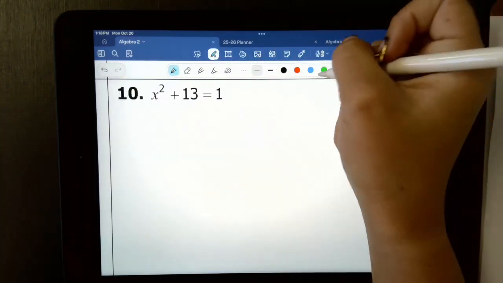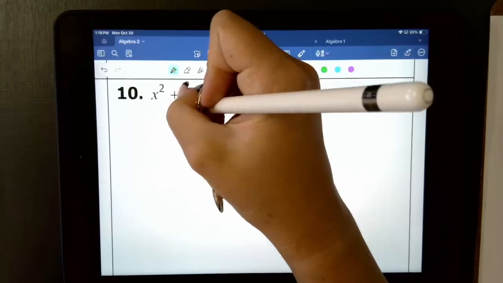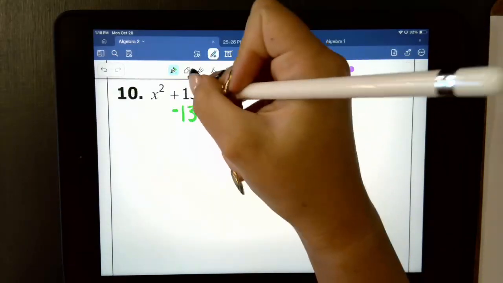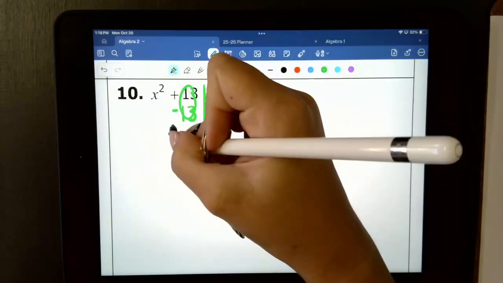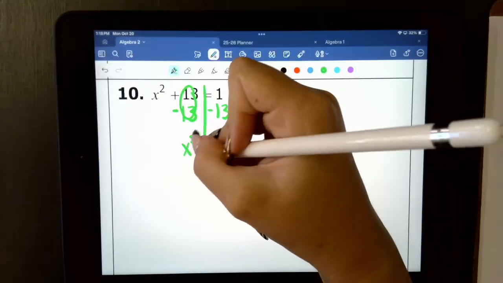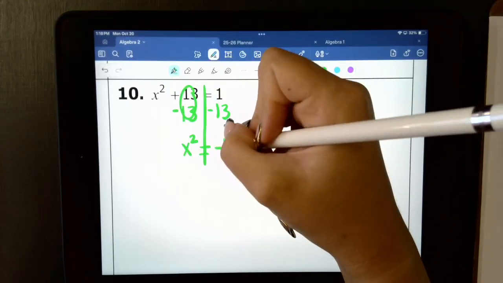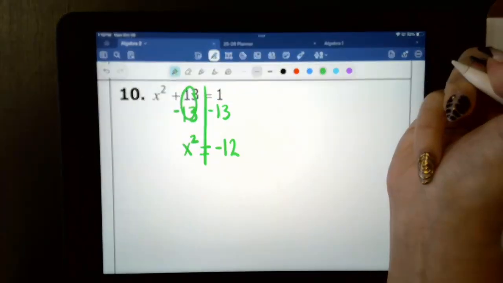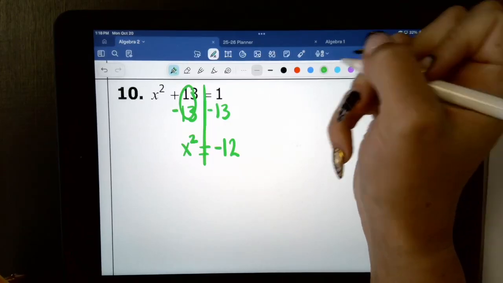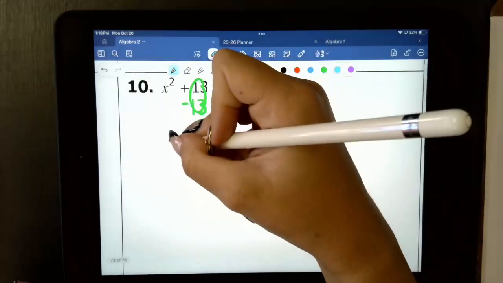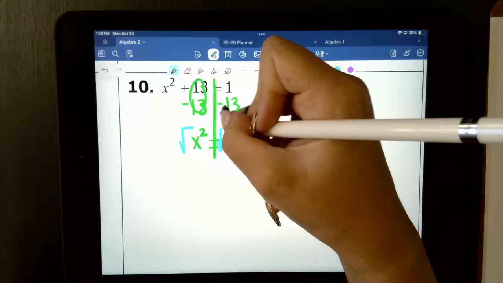So for this one, we just need to subtract the 13 on both sides. Yes. So we're left with x squared equals negative 12. Right? Okay. And then we need to take the square root of both sides.